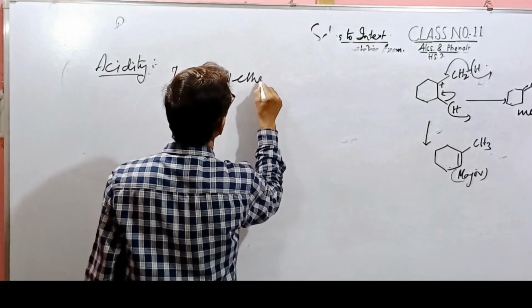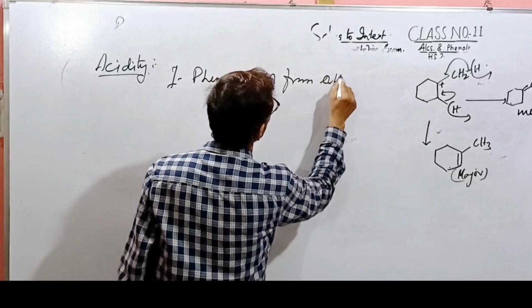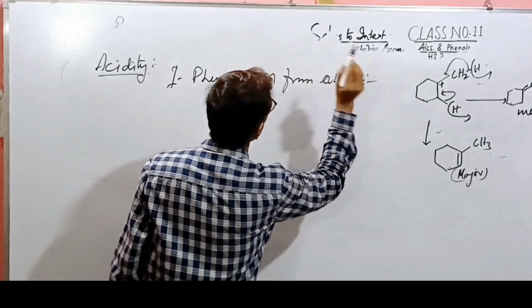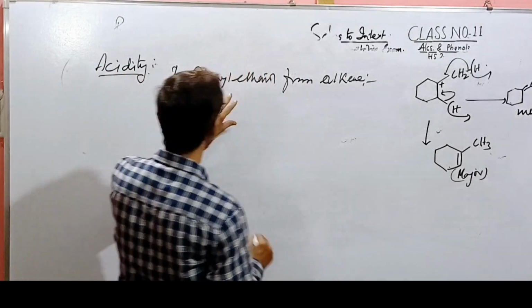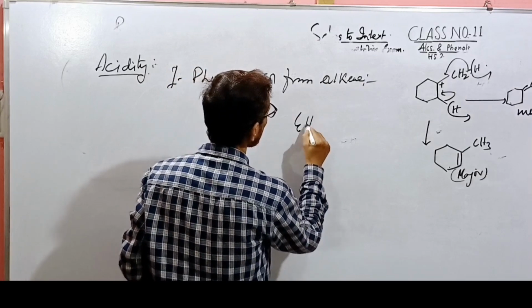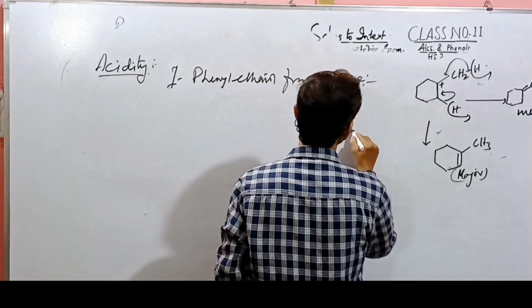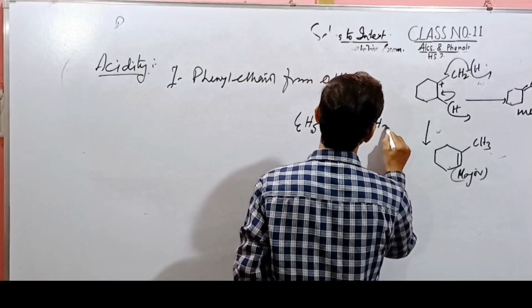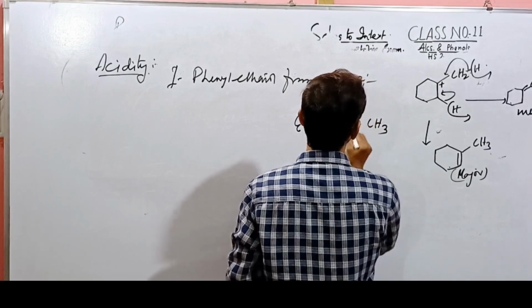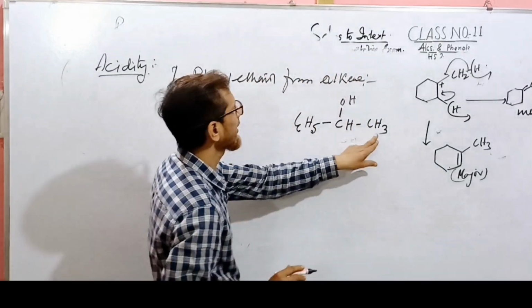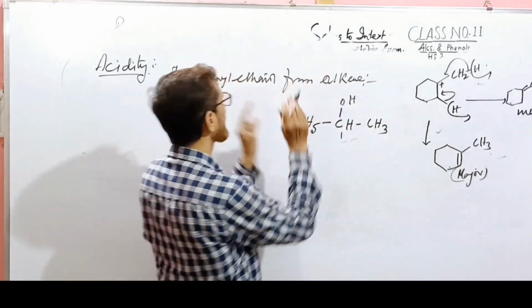Very simple. What is 1 phenyl ethanol? This is the final product. Am I right? C6H5 C C CH2, 1 2 3 4. This is 1 phenyl ethanol.